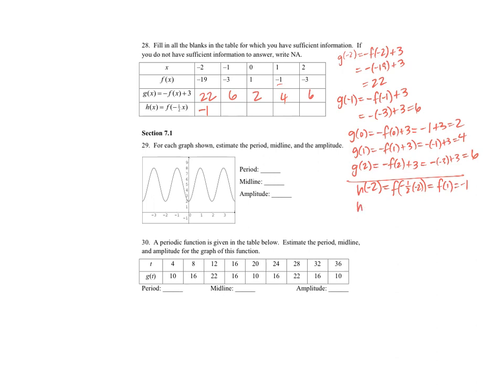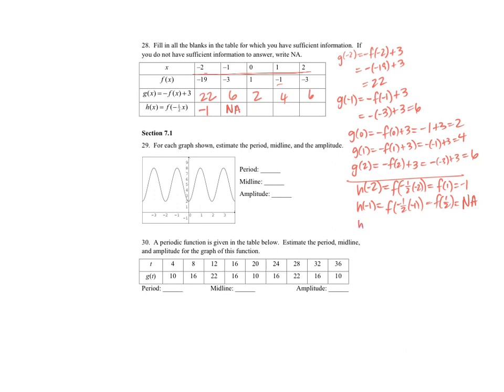And then h of negative 1 is f of negative 1/2 of negative 1, which is f of 1/2, which we don't have information about because that's not one of our inputs here. So this is NA there.